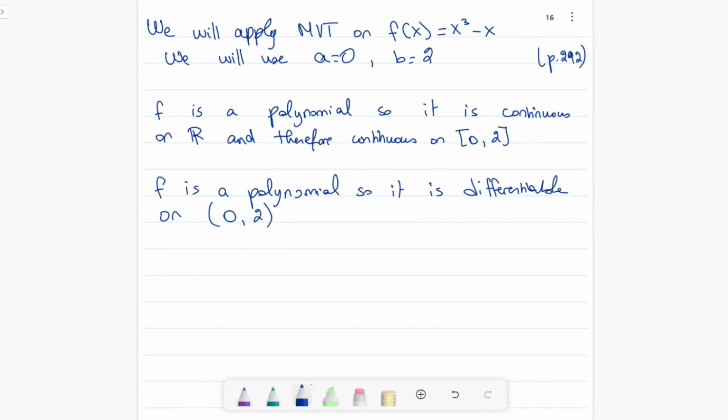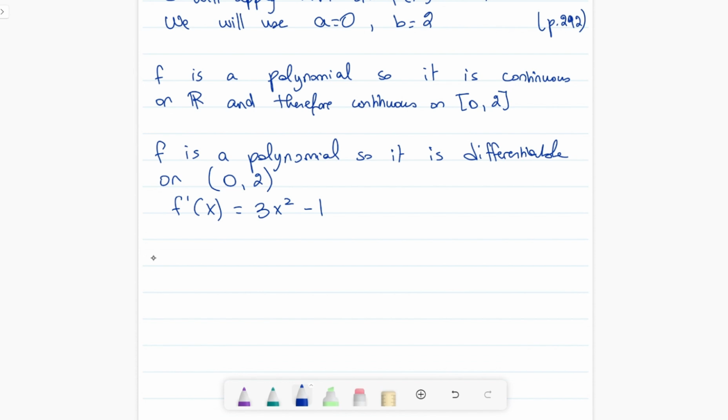Just to point out, if you're ever not sure where f is differentiable, you can always find the derivative. So the derivative of f is 3x squared minus 1, which shows that it is differentiable for all x and therefore differentiable on the open interval 0 to 2. Therefore, we can apply MVT.